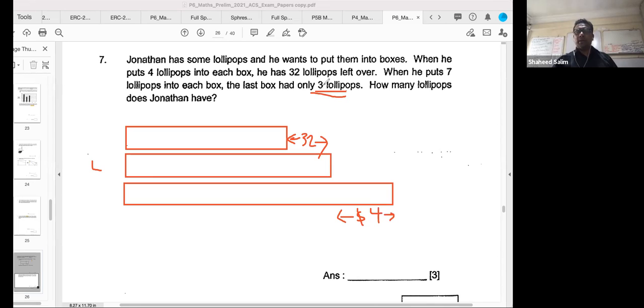You must understand what this means, that every box is supposed to have 7, but this last box only got 3, so he's short of 4. So what is the working now? 32 plus 4, 36. 36 is equals to what?